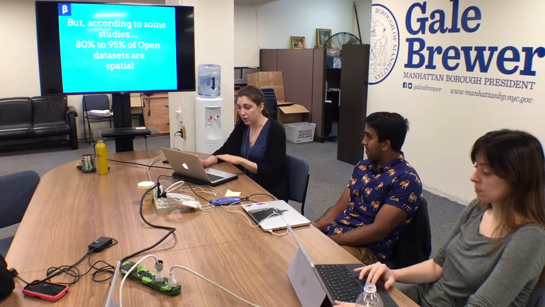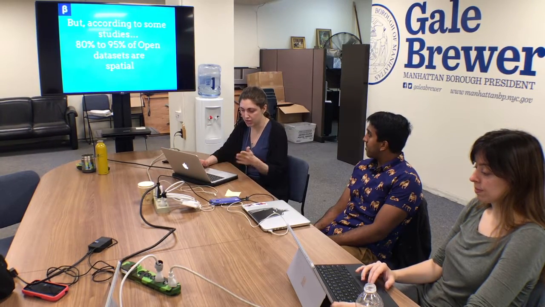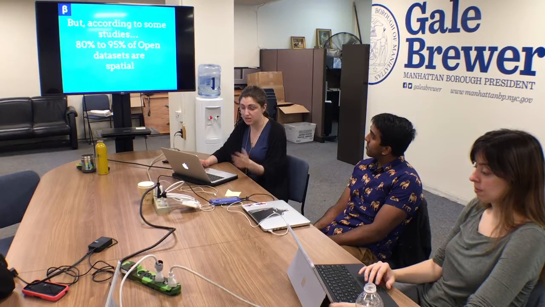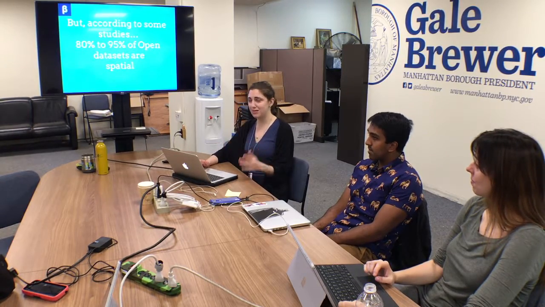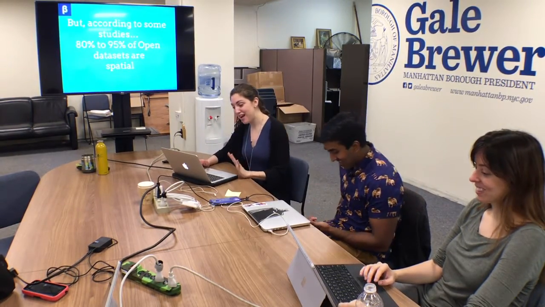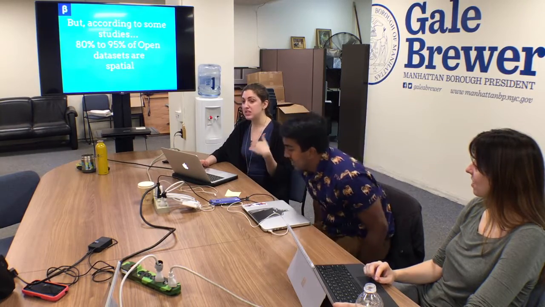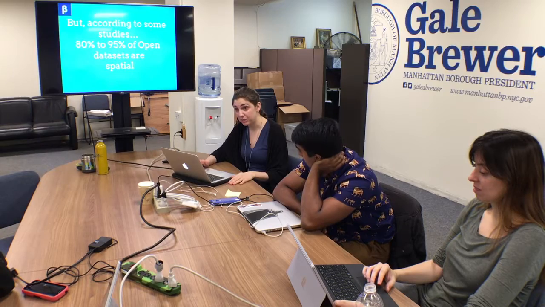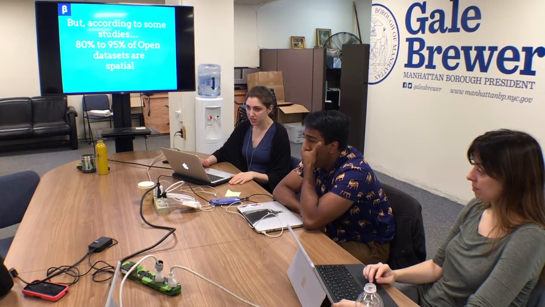That being said, according to some studies, I've heard figures ranging from 80% to 95% of all of these newly available open data sets actually are spatial. So we think about the 1,500 data sets on the Socrata portal right now.